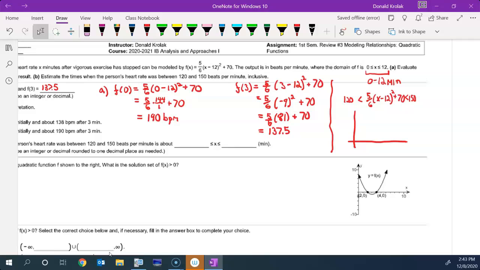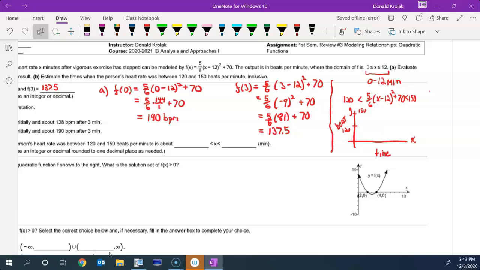All right, it's beats per minute. So that tells us that the number of beats is your Y, and the time in minutes is your X. So we're going to have a graph here where this is 120 and 150.